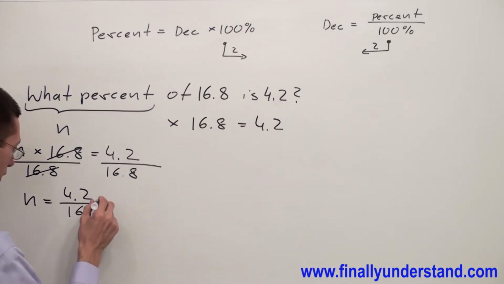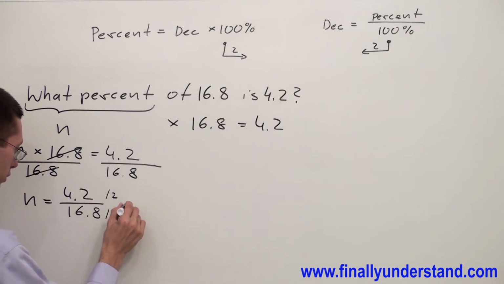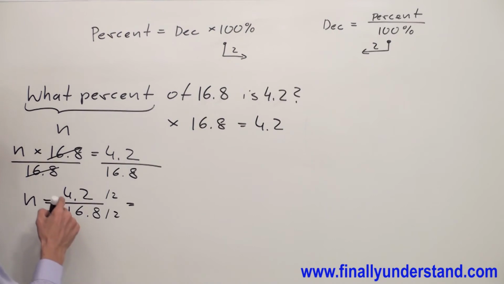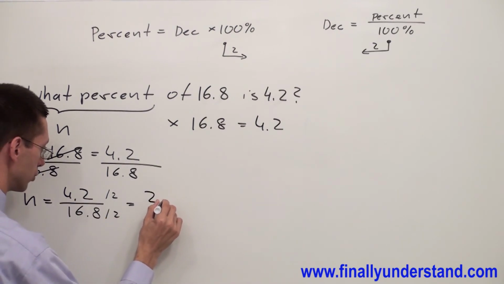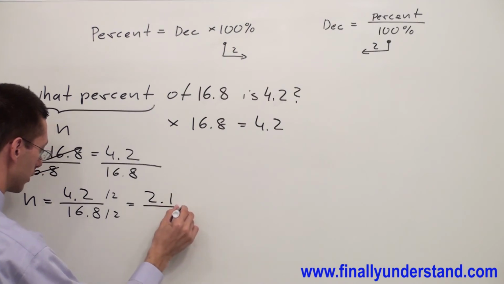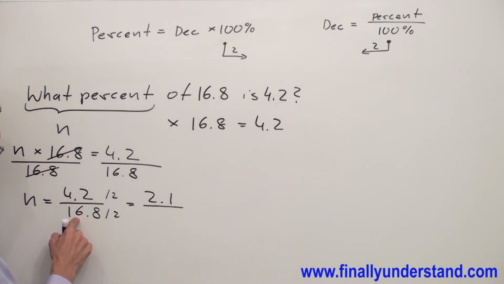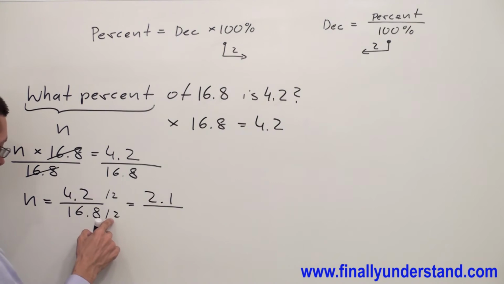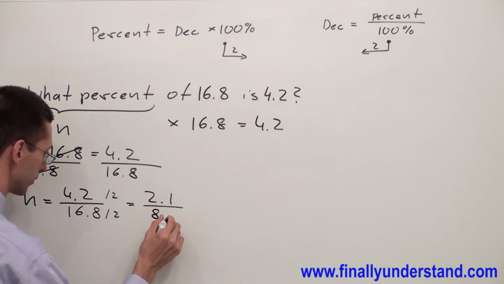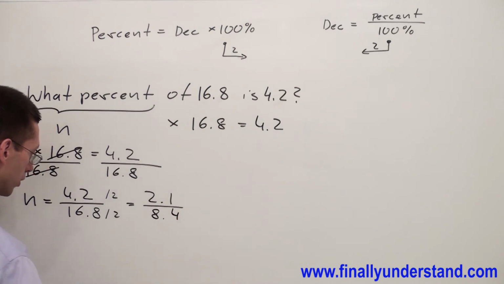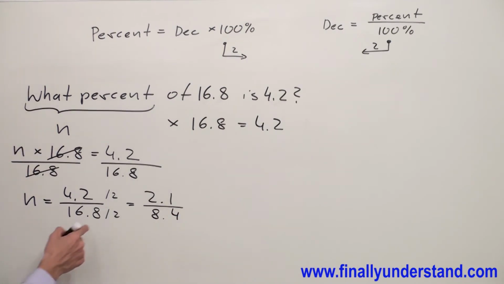I can reduce them by 2 because both of them are even numbers. 4.2 divided by 2 is 2.1 over 16.8 divided by 2 is 8.4.